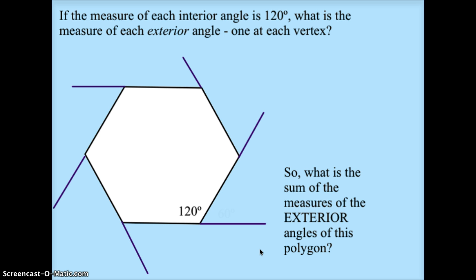So if one of the interior angles is 120 degrees, what would the measure of the outside angle be? Using the linear pair postulate, you can find that the measure of the outside angle is 60 degrees. Now remember, there's one exterior angle at every single vertex. So what is the sum of the measures of the exterior angles of this particular polygon?